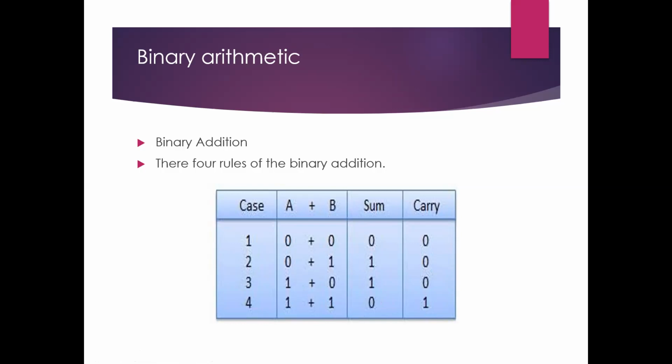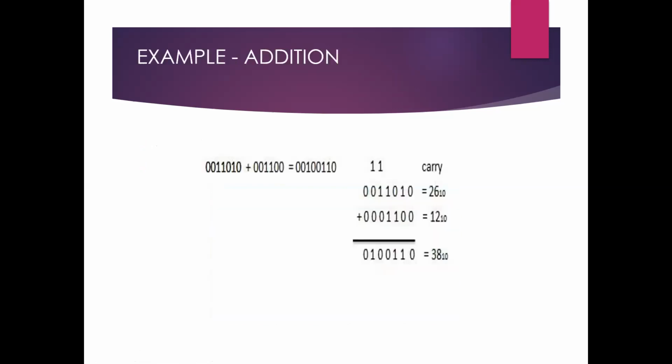If you remember these 4 rules of addition, let's look at this example of addition of 2 binary numbers. These are the 2 binary numbers we need to add. The first number 0, 0, 1, 1, 0, 1, 0. Second number 0, 0, 1, 1, 0. Here also the left side zeros do not have any value.